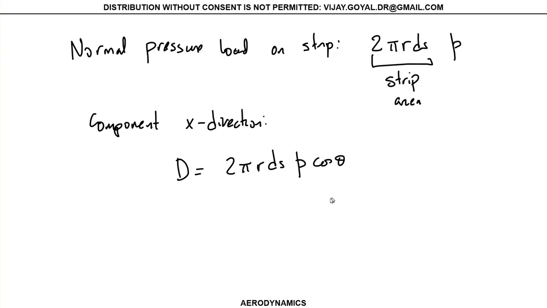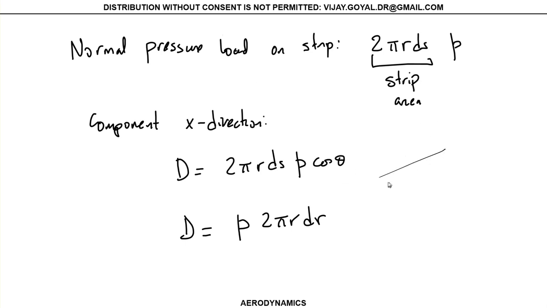Or basically, if I replace all the values here, you can just show that this is actually equal to p 2 pi r dr. And how do I show this? Well, you can find this in trigonometry.